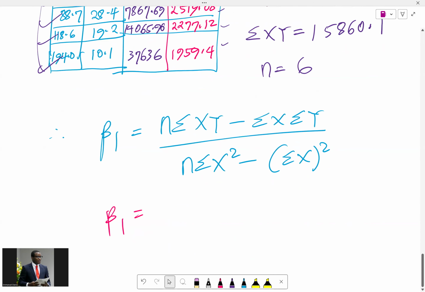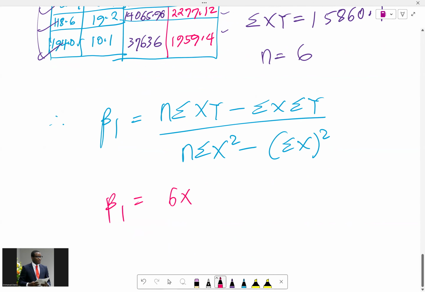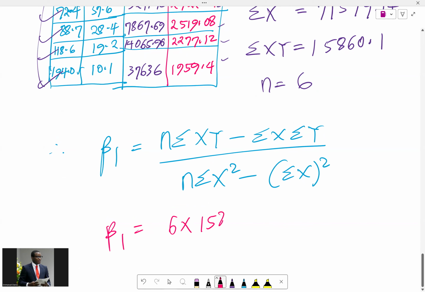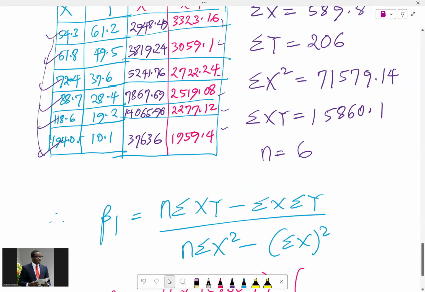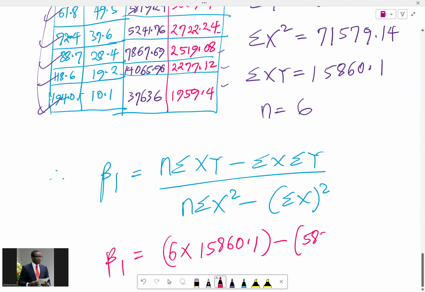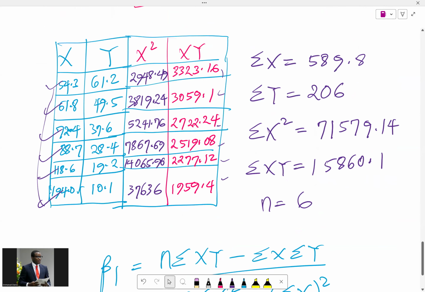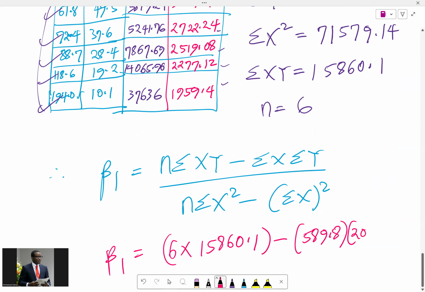So we have now that this is 6 times summation xy is 15860.1, minus summation x. Summation x is 589.8. Summation y, 206. Okay.